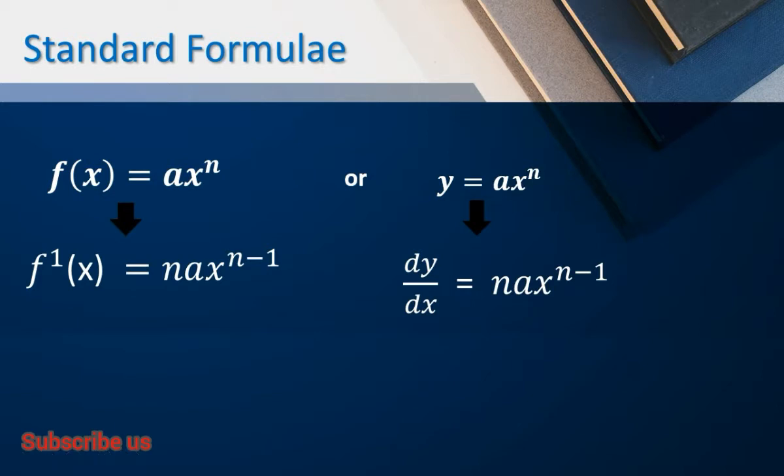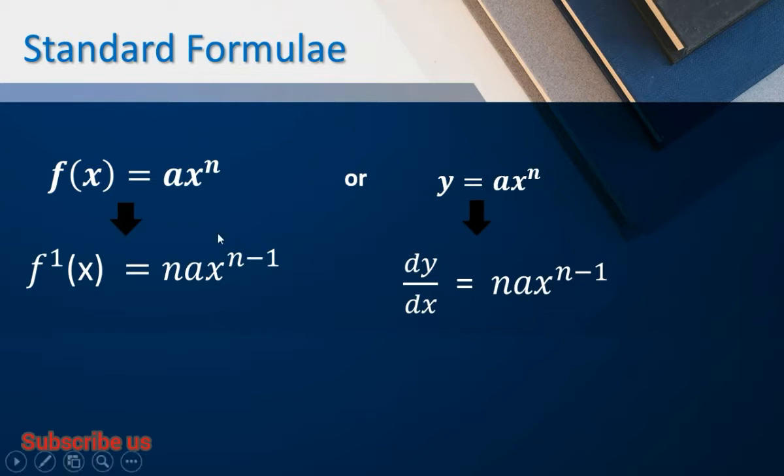Standard formulae: f(x) equals a x to the power n, f dash x equals n a x to the power n minus 1. Here, the power n is reduced to n minus 1, and the power is considered as the coefficient.